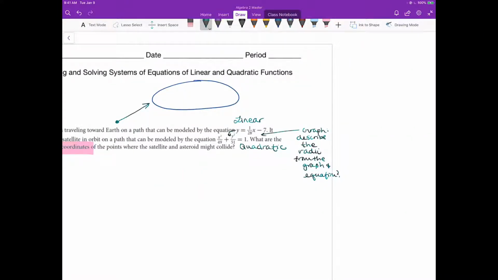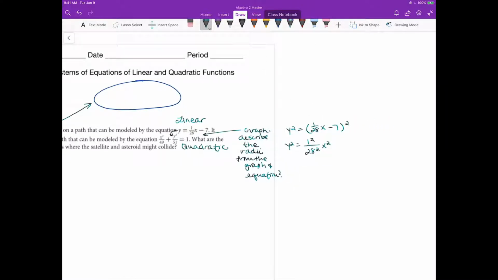And y squared is all of what y equals squared, 1 over 28x minus 7. So y squared will be equal to 1 squared over 28 squared times x squared minus 2 times 7 over 28x plus 49.